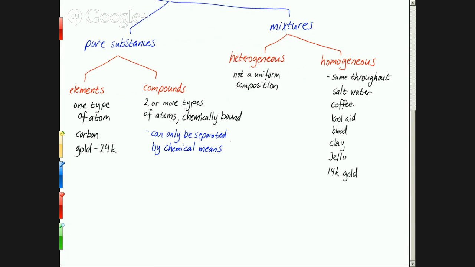Meaning that we have to do a reaction of some sort. We have to change the very nature of what that thing is to separate them. So if you have something like sodium chloride, it's a good example. What's sodium chloride? What we commonly call that? Salt, yeah. Salt, like from a salt shaker. That's sodium chloride, made up of two elements, Na sodium and Cl chlorine.